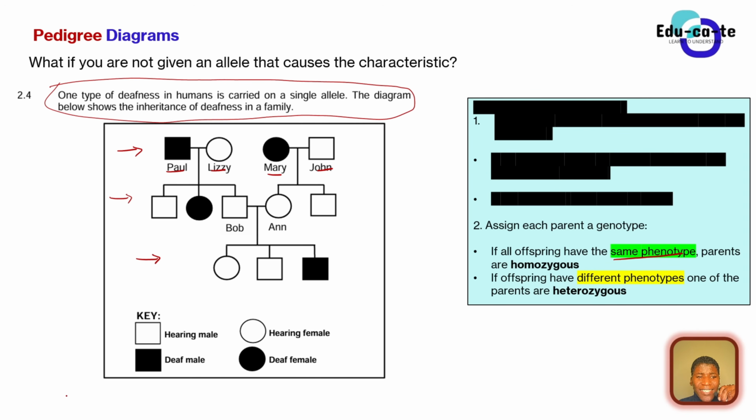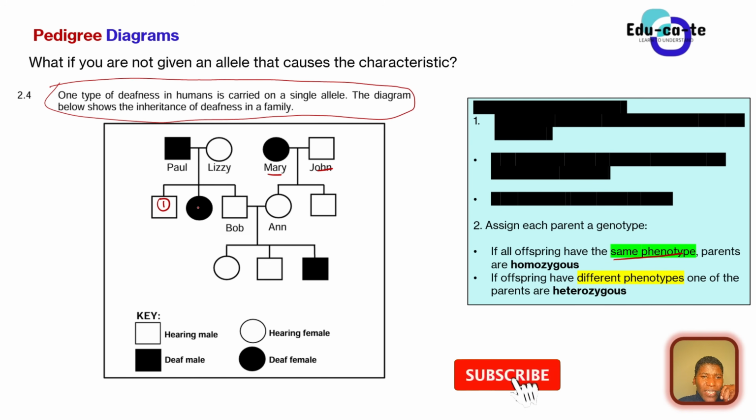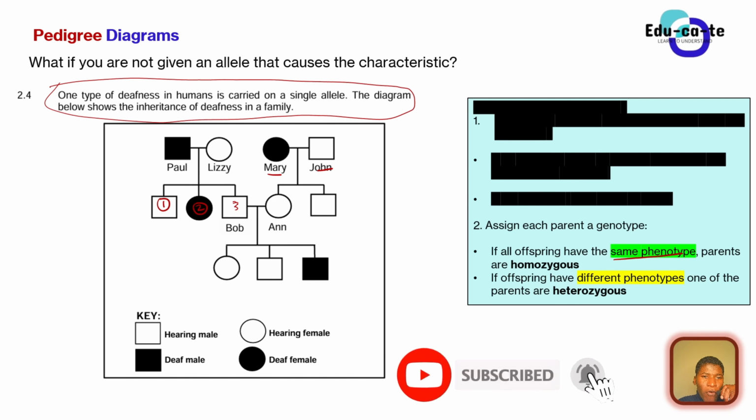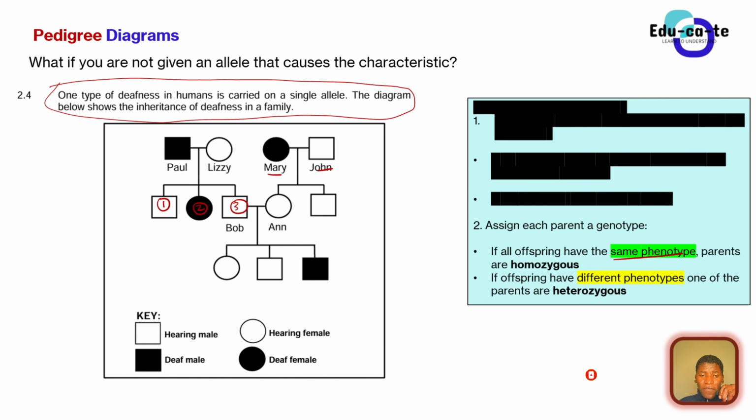Look at this. Let's just look at the parents-kids combo that we have here. Paul and Lizzie are the parents to individual 1, the female 2, as well as Bob. So they've got 3 children. Let's compare the offspring from Paul and Lizzie. All of them do not have the same phenotype, so condition 1 cannot apply.